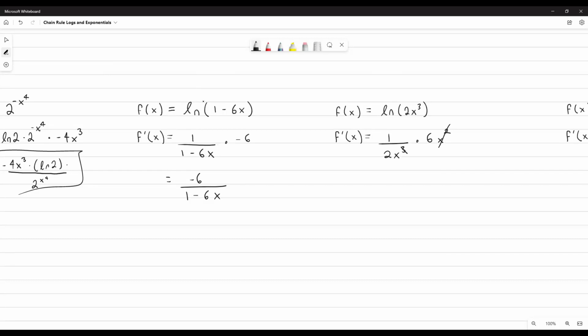We've got a 6 with a 2, so that leaves us with a 3 up here. So what we end up with is 3 over x, which makes sense if you think about the fact that you can decompose this into 3 natural log of x plus natural log of 2.